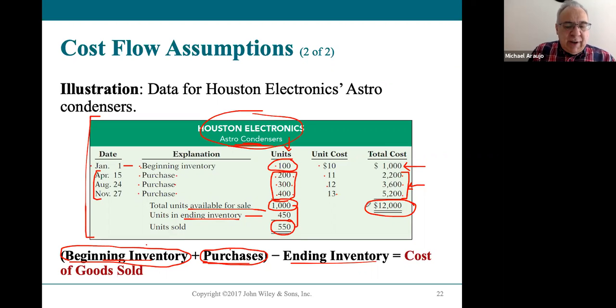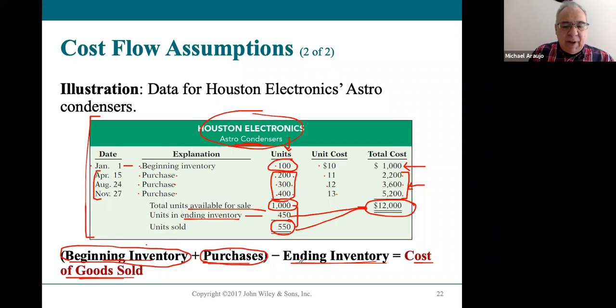Our trick here is to figure out how much of this $12,000 of inventory is still in the store and how much was actually sold. That'll give us the actual dollar amounts for ending inventory and cost of goods sold so we can finish out our statements. And this is where the methods play into it.